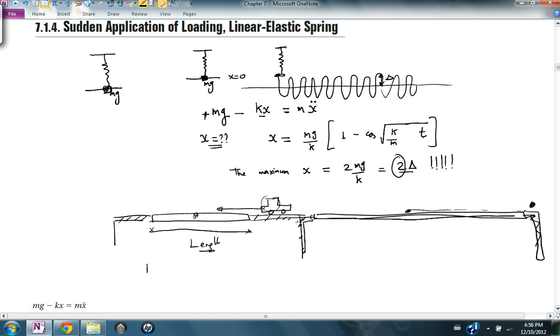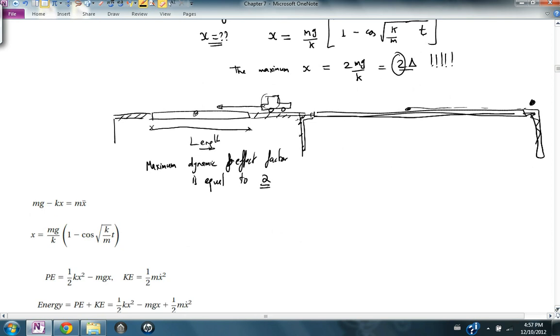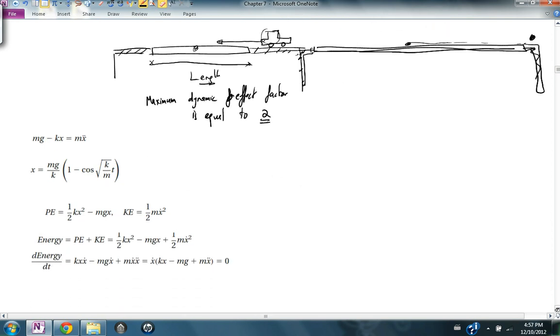That's why the maximum dynamic effect factor is equal to 2. And depending on the length of the bridge, you'll find that the dynamic effect factor will be less than 2.